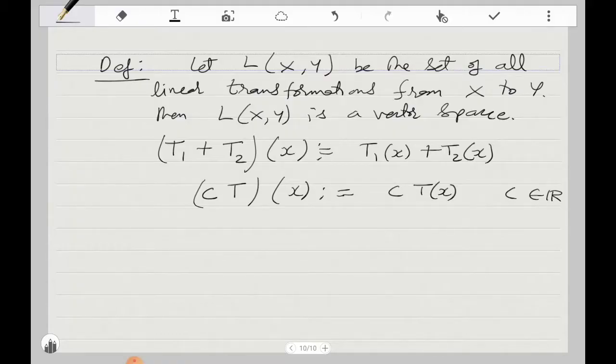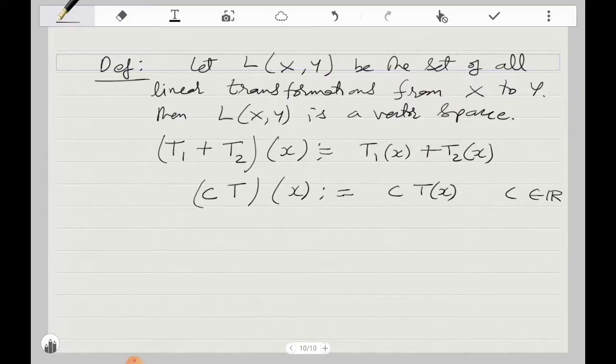Since we are not invoking any ambient Euclidean space, to say that this is a vector space, one has to use the formal definition of a vector space, which is that there are two operations and certain properties hold: the existence of an additive identity, additive inverse, distributivity over scalar multiplication, and so on. All those things can be checked.